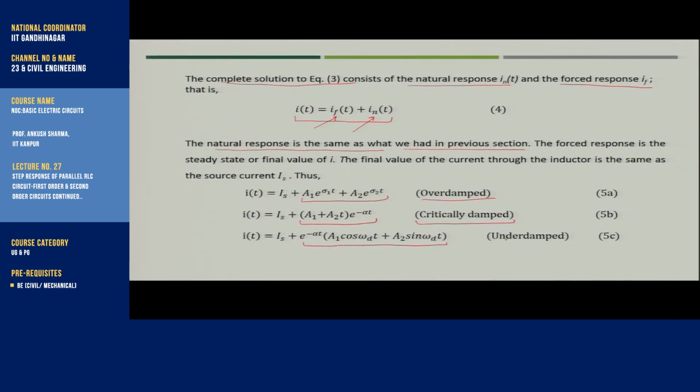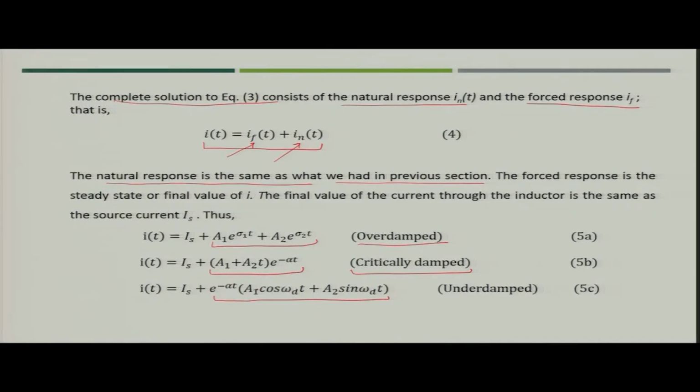And in case of underdamped, we got e to the power minus alpha t into A1 cos omega d t plus A2 sin omega d t, where omega d was the damping frequency. Now, these three we got when we discussed the source free response, that is the natural response of the circuit.